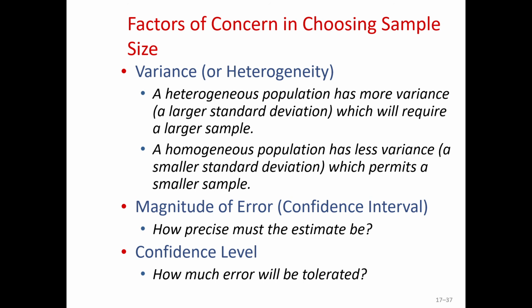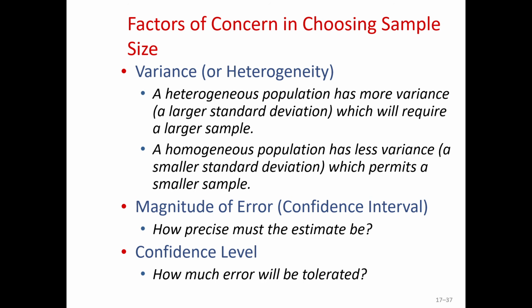The determination of a sample size heavily depends on the variability within the population. The variance or heterogeneity of the population is the first necessary bit of information. In statistical terms, this refers to the standard deviation of the population. Only a small sample is required if the population is homogeneous.